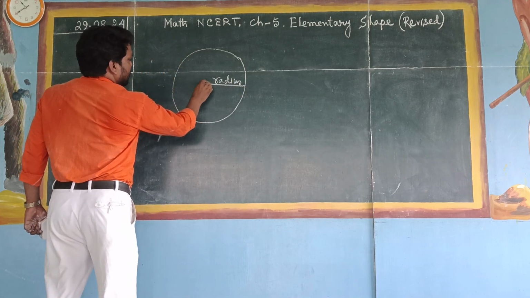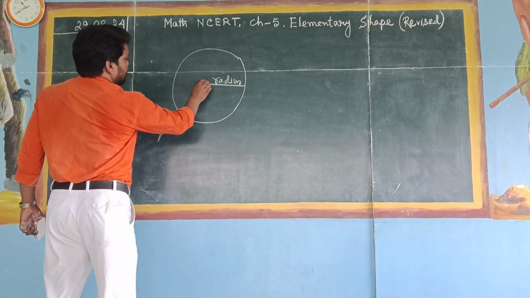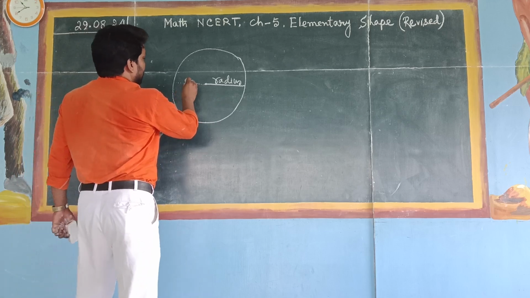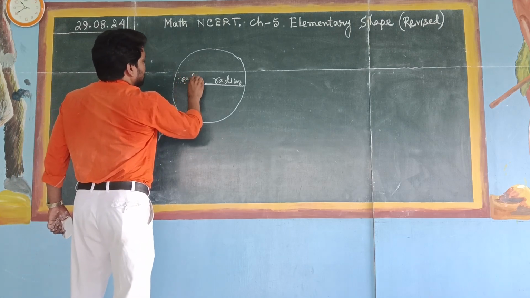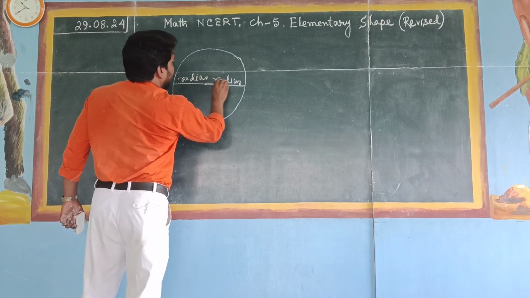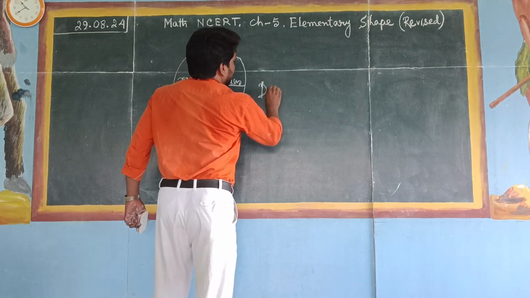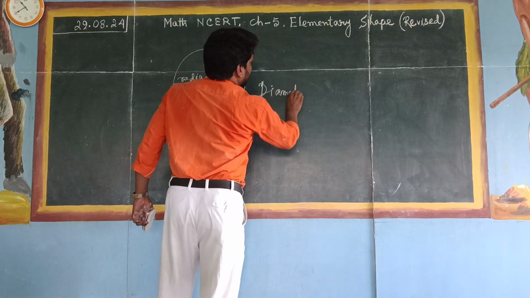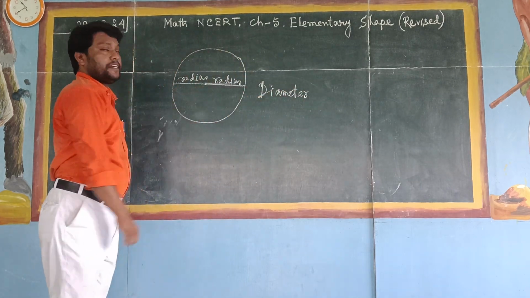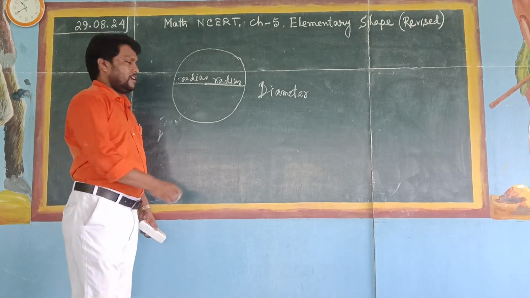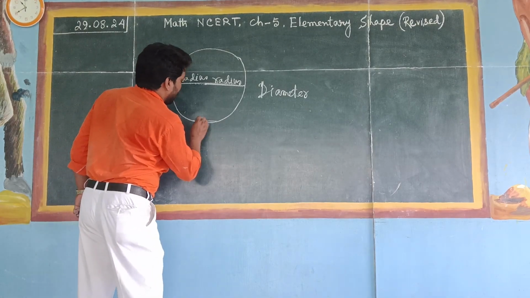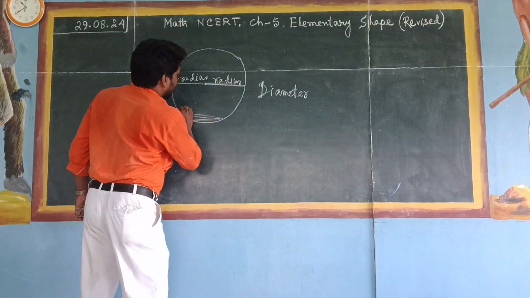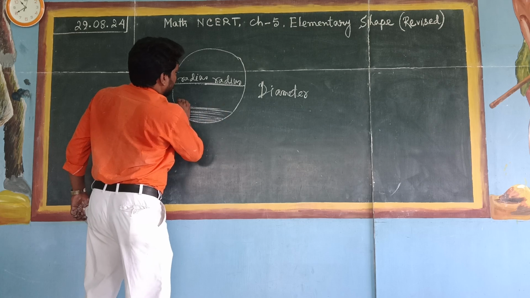And if you extend to the opposite side, you will get another radius. So this total distance is called the diameter. The diameter is the greatest chord of a circle. Suppose you are drawing from here and draw the line.